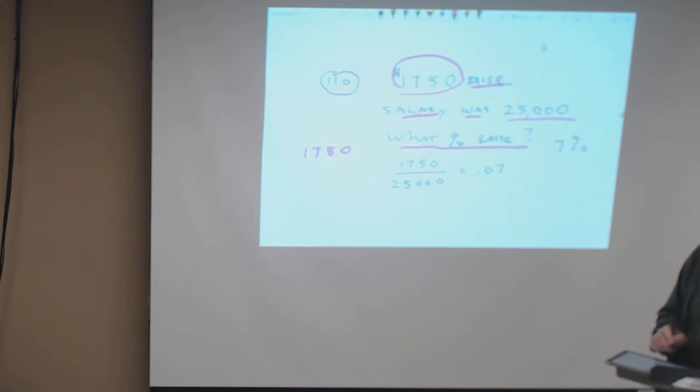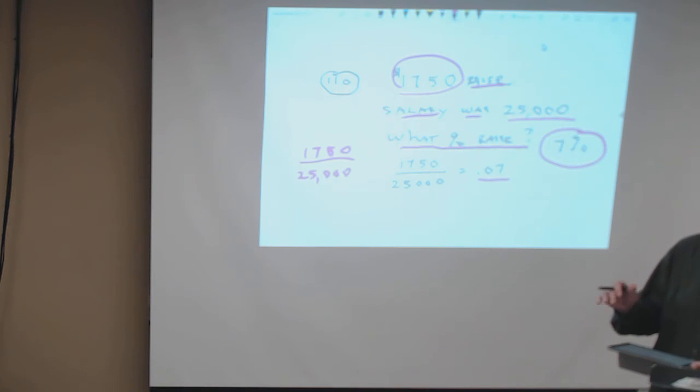Now, $1,750, where did I start? With $25,000. So that's the number that goes underneath. And when I divide that, I get 0.07, so that comes out to be 7%. So she got a 7% increase. Her increase amounted to 7% of her salary.